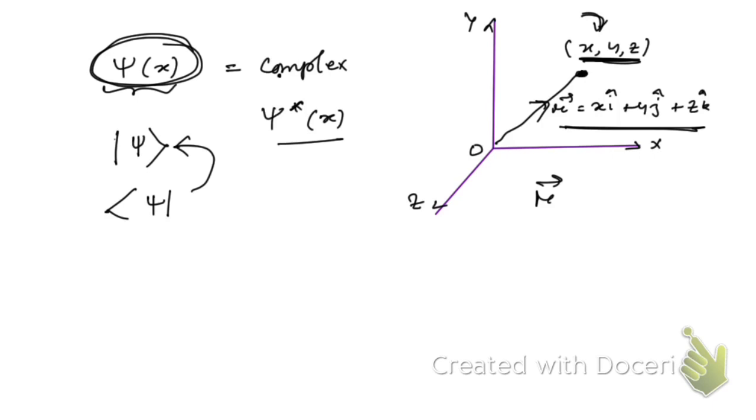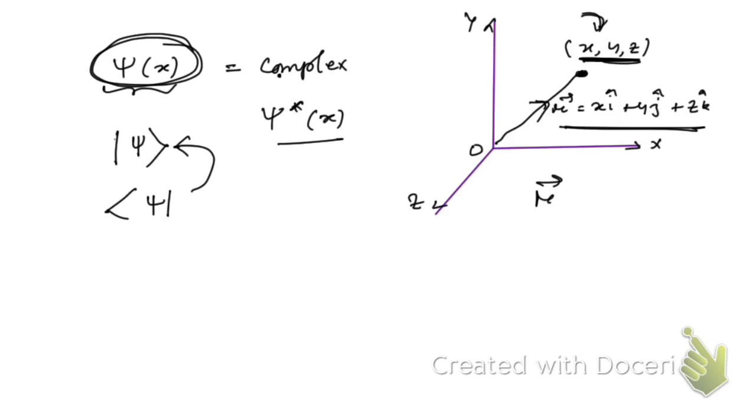Hope you get the idea of the bra-ket notations, bra vectors and ket vectors. This is the vector representation of the wave function, which gives the complete information of particles like electrons, protons, very small particles. That's how we deal with microscopic particles in quantum mechanics.